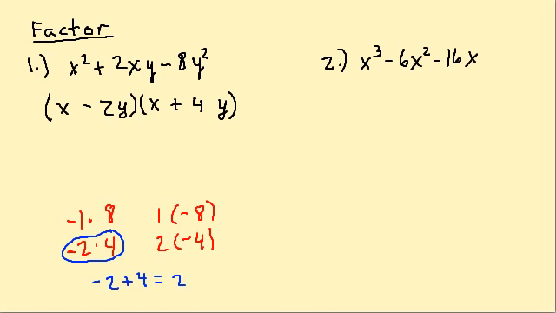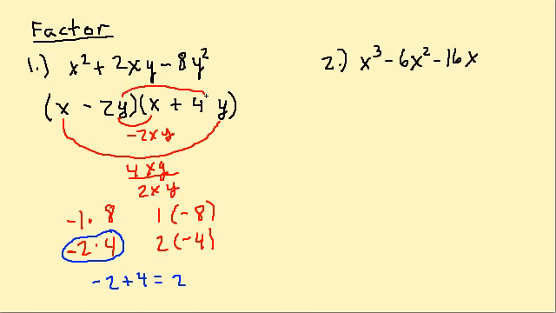And if I check it, x times x is x squared, and then I multiply the outside, that's going to be 4xy. The inside is minus 2xy, and when I add them together I get 2xy. And then if I multiply the last, I get negative 8y squared.